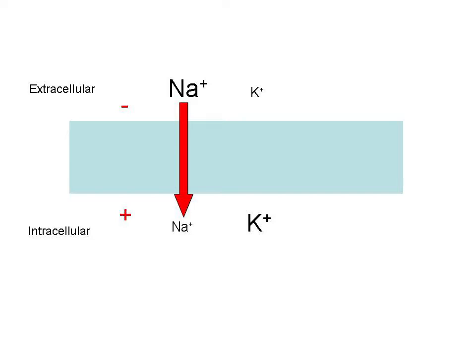So if the membrane becomes permeable to both sodium and potassium, how come sodium goes in but the potassium doesn't come out? This is a little bit confusing question and requires some scrutiny.